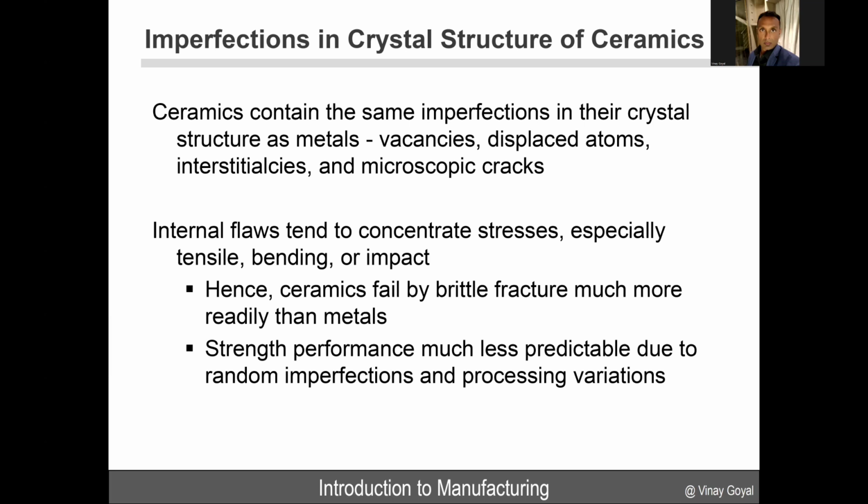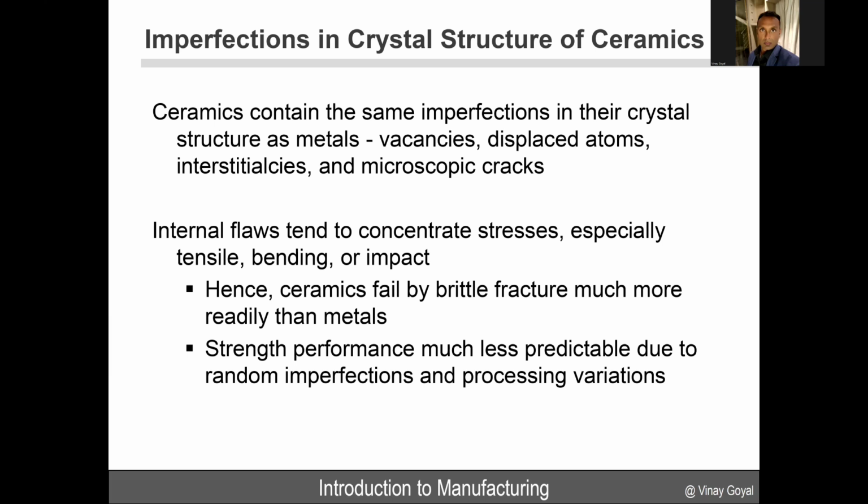So therefore, ceramic will fail by brittle fracture much more readily than a metal would. The strength performance is also less predictable because of these random imperfections and process variations. These imperfections cause ceramics to behave in an unpredictable manner.